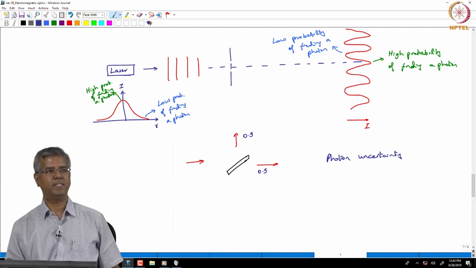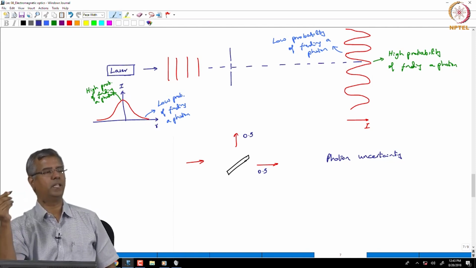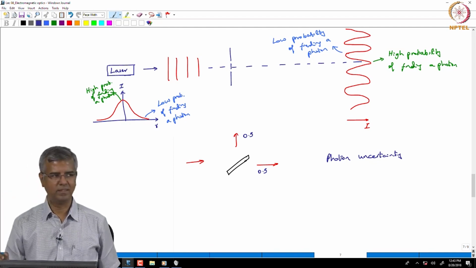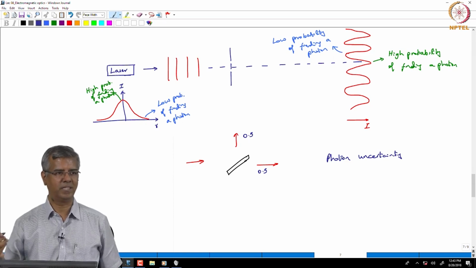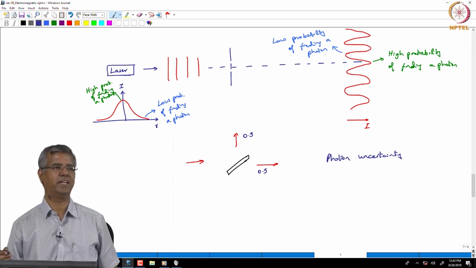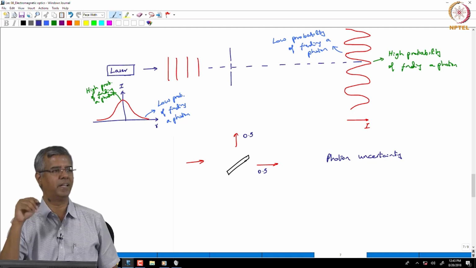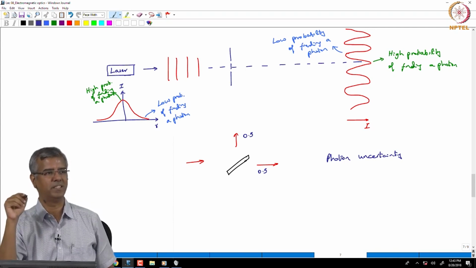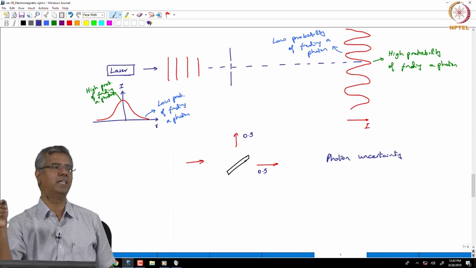Just like in quantum mechanics, you have an uncertainty principle. What is the uncertainty principle? The Heisenberg uncertainty principle states that the uncertainty in finding the momentum multiplied by the uncertainty in finding the position is at least h bar over 2.